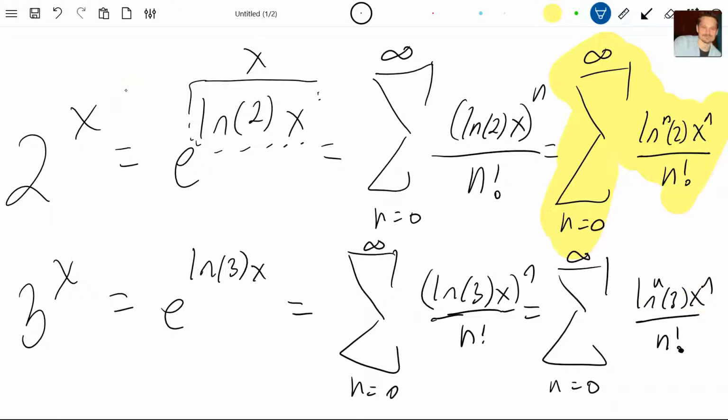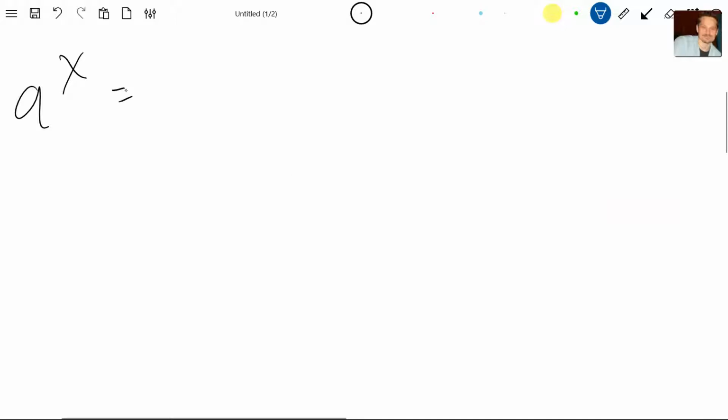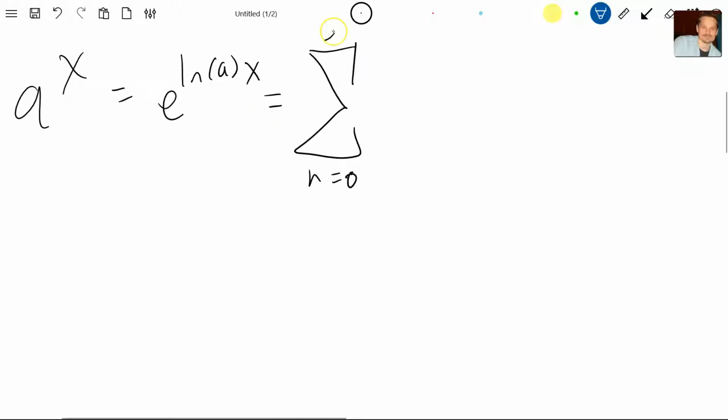Based on these patterns, you can write the general rule. For example, when you have a in the base, let's write that out here. First of all, I'm going to write this as e to the ln a times x. And then I plug into the basic pattern, as n goes from 0 towards positive infinity. Now this whole thing is what gets stuck in there, so it's going to be ln of a times x.